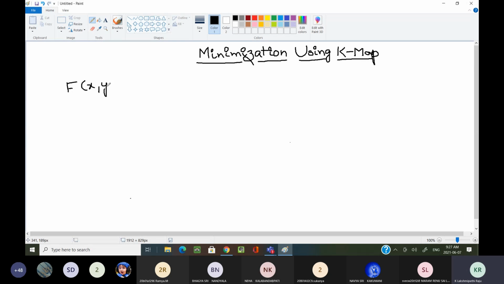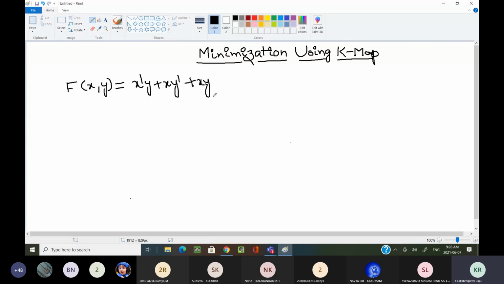That means here you can understand it is a 2-variable function. F of x, y equals x' y plus x y' plus x y.